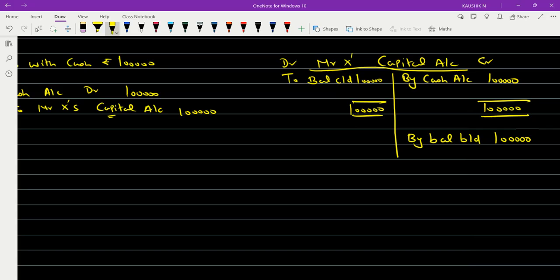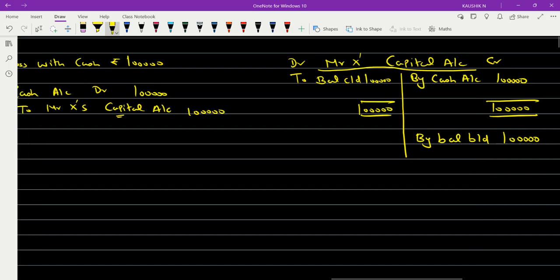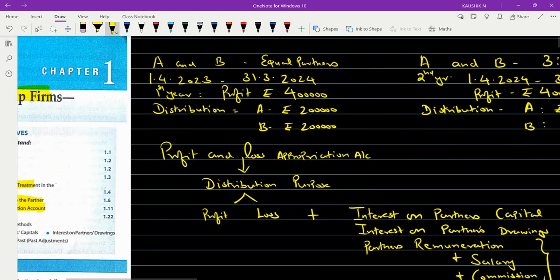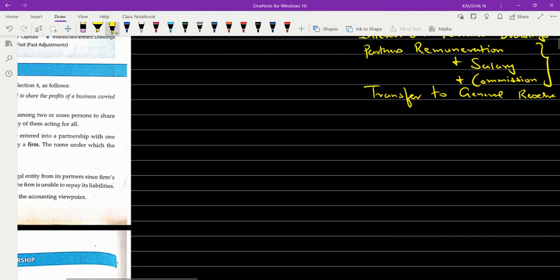So you will be learning the format of the capital account of a partner under two different methods. In partnership, we have two methods to prepare the capital of the partners. What are those methods? Just make a note of it.